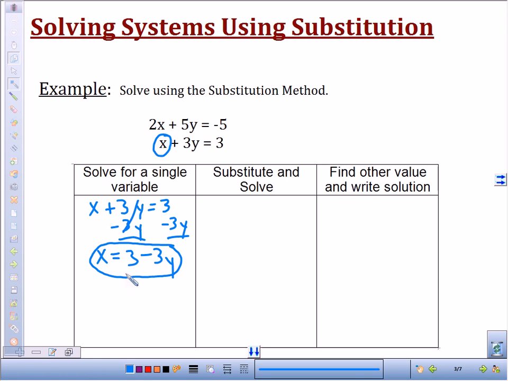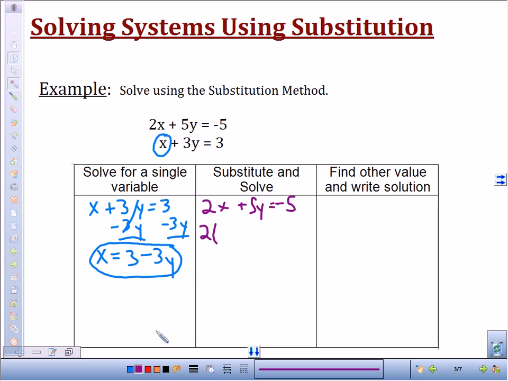What that means is that in the other equation, 2x plus 5y equals negative 5, wherever I see x, right here, I can substitute in 3 minus 3y. And that's what I'm going to do. I'm going to rewrite my equation substituting in 3 minus 3y for x.